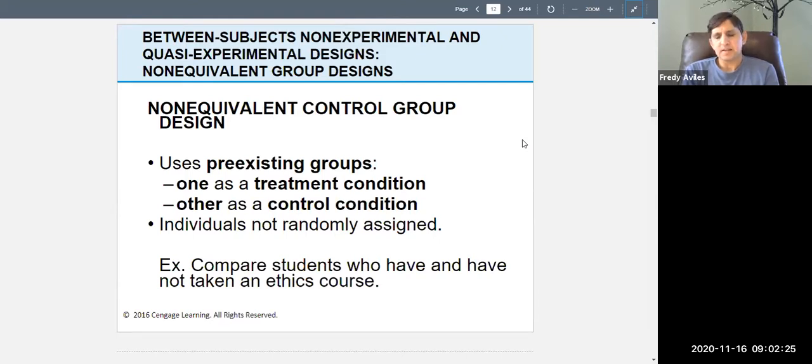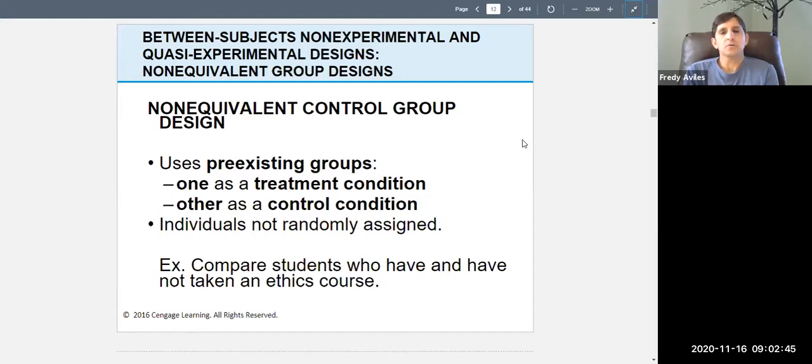And I've actually read research about this. There are differences in how generous people are based on whether they are, let's say, an economics major or a non-economics major.